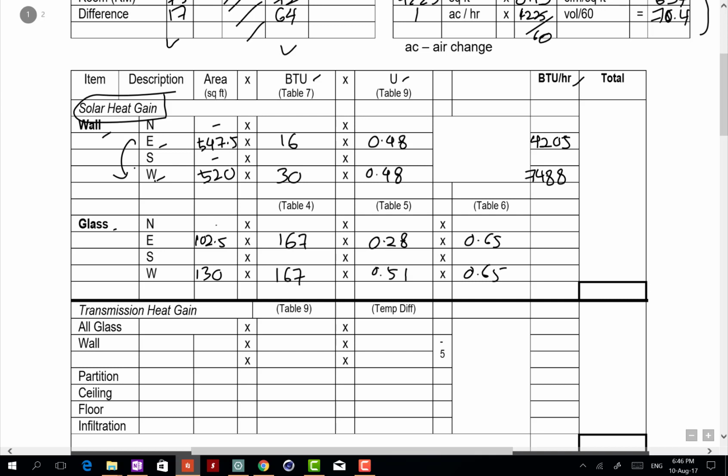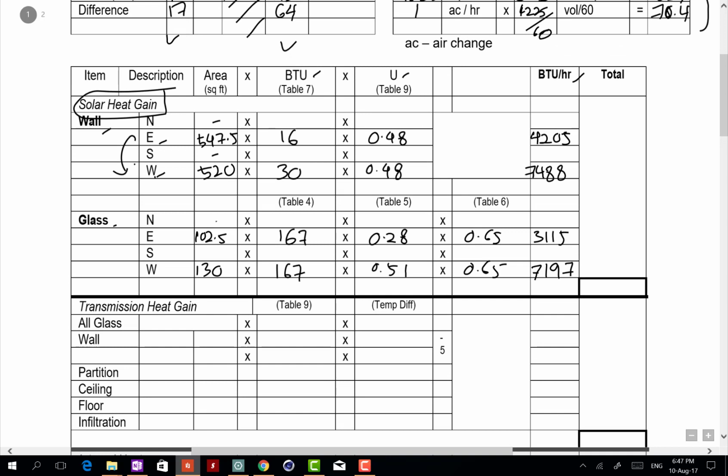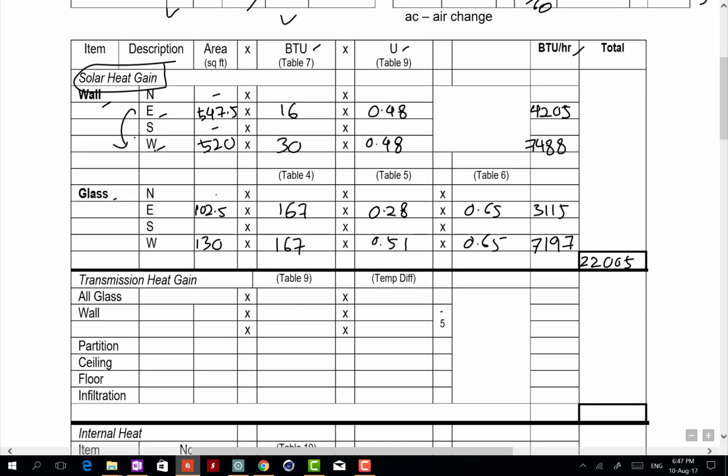Alright, so we'll get the total value of 3115 and also 7197. So that will produce around 22005 BTU per hour on the solar heat gain.